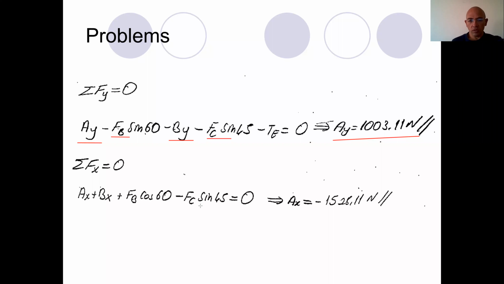This will avoid confusion. FC multiplied by cosine 45 is equal to 0. From here you can obtain the AX. AX is equal to minus 1528.11 newtons.